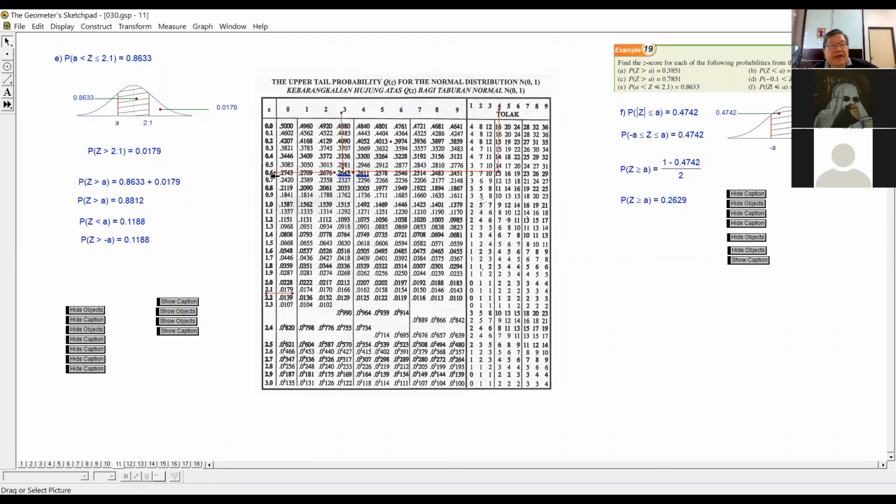So the z-score is 0.634. And positive, right? The A is positive. So we have finished with how to find the z-score given the probability. We're going to look at some practical examples.